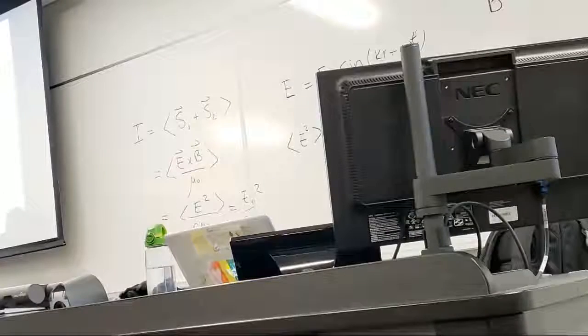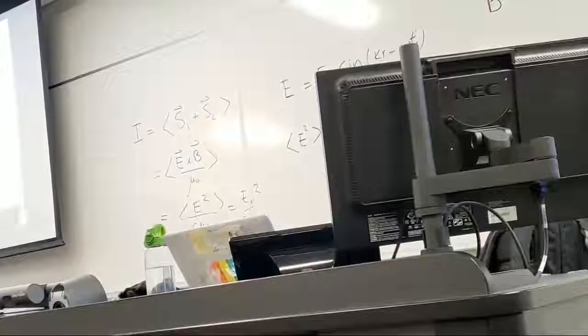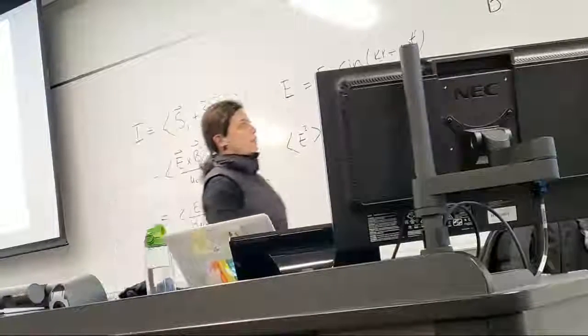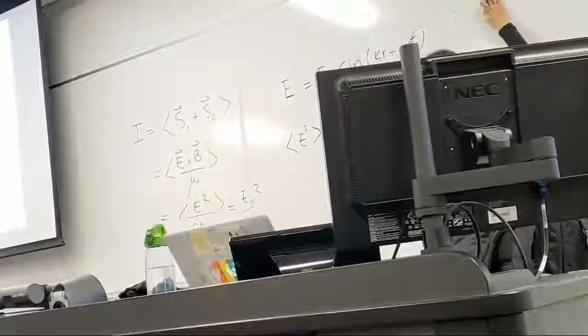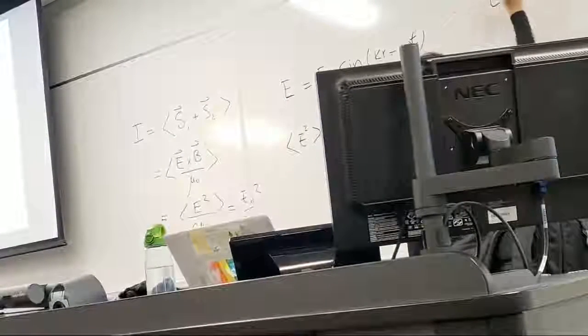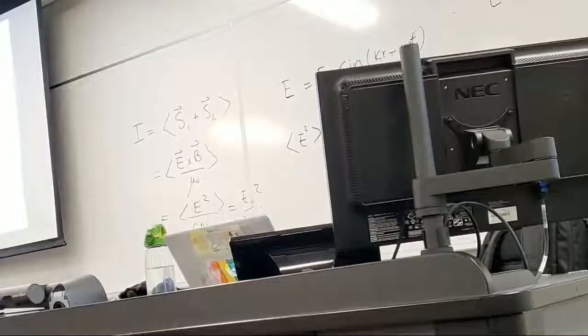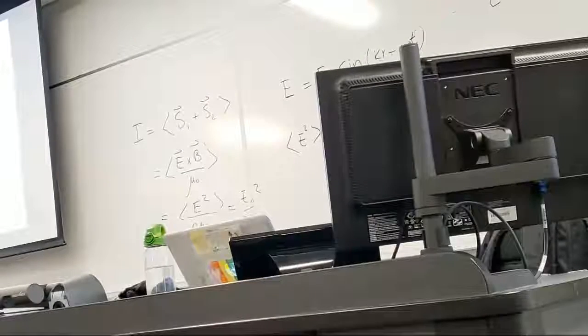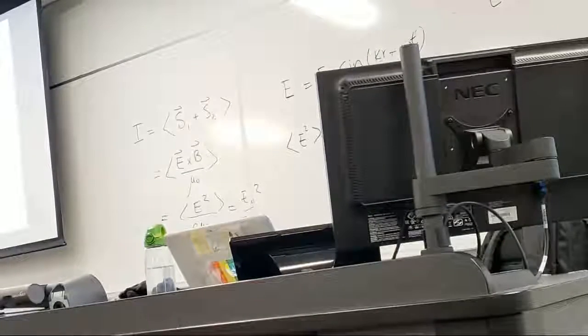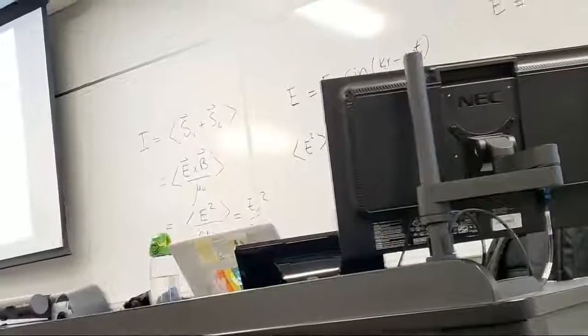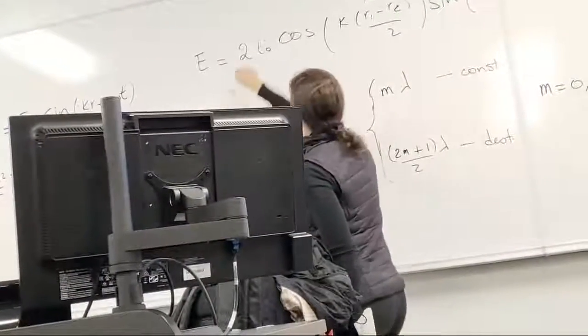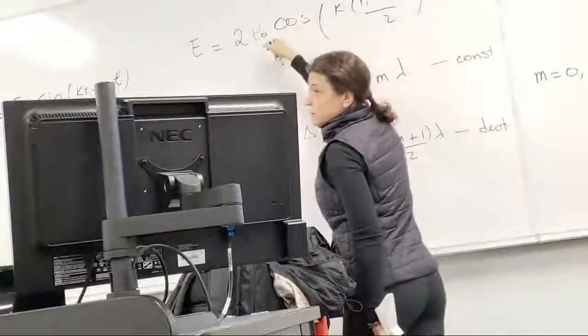Now, because we already know that E would be given by this, E0 and then sine of kL minus omega t, the square of this, again, I have a sine squared like this, and this is only depending on the space.